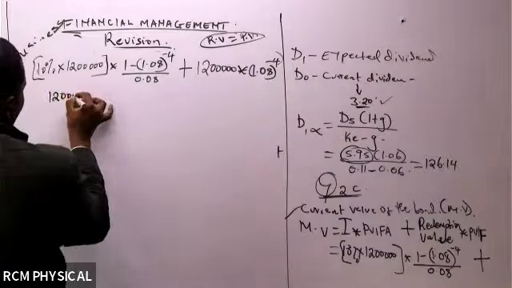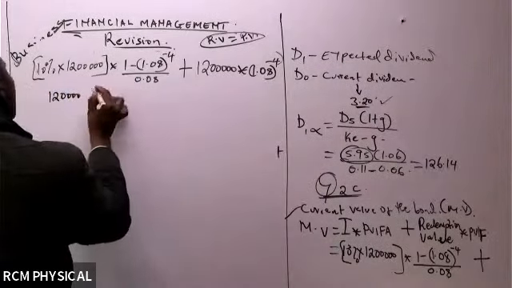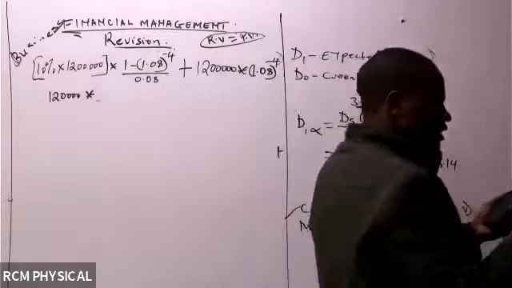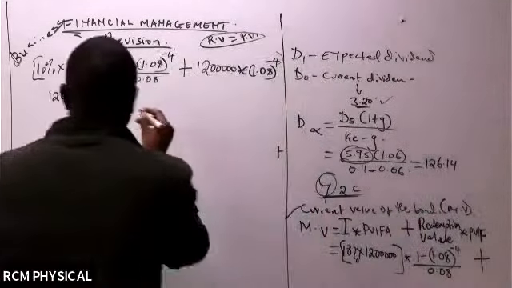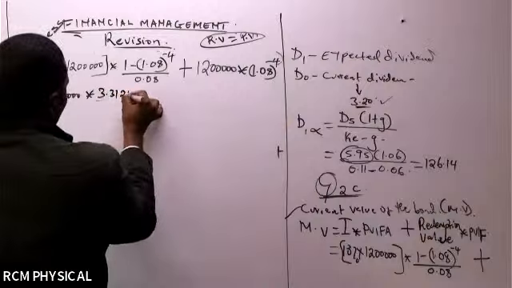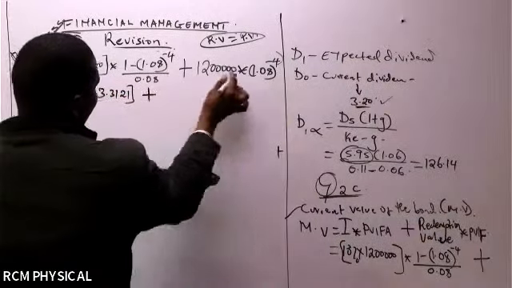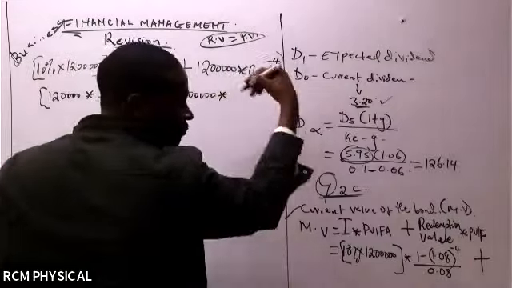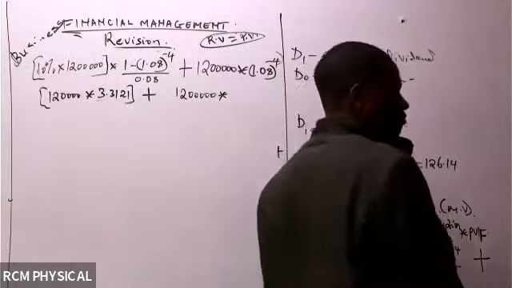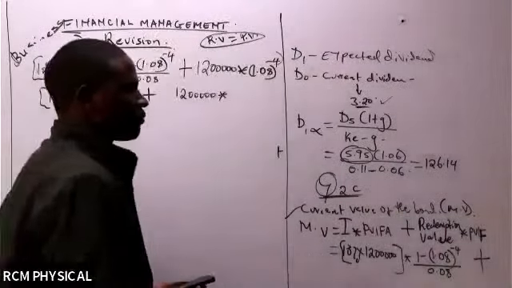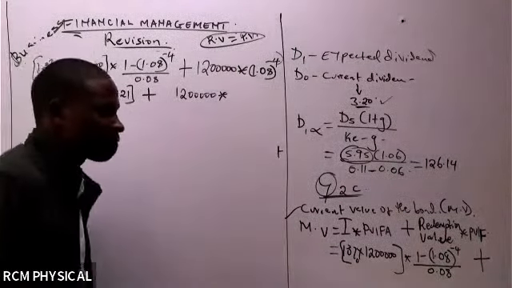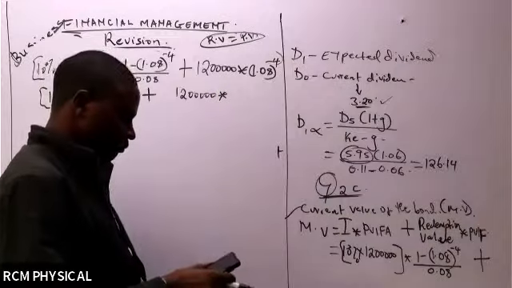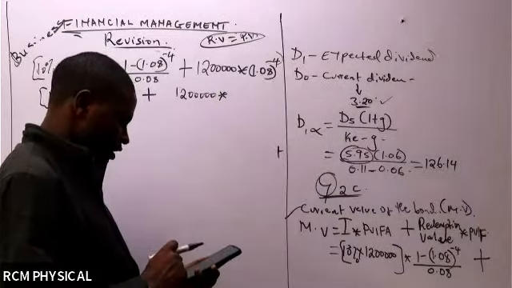So it's 120,000 times this PV factor. What is the PV factor here? Give me the PV factor so that I can consolidate: 3.3121. Plus here it will be 1,200,000 times the PV at 8% for 4 years. How much is that?